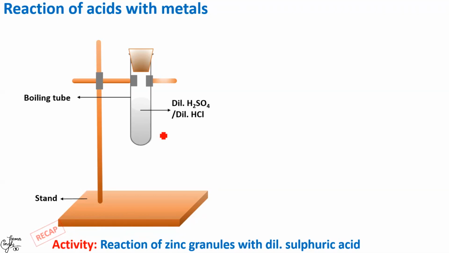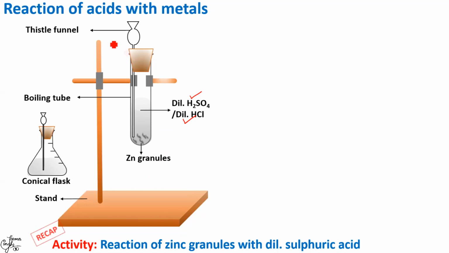For this activity, we will add a few pieces of zinc granules carefully to a boiling tube or a conical flask containing a small amount of dilute sulfuric acid or dilute hydrochloric acid. For better safety, we can take zinc granules in the test tube or conical flask first, and then with the help of a thistle funnel add the required amount of sulfuric acid or hydrochloric acid.